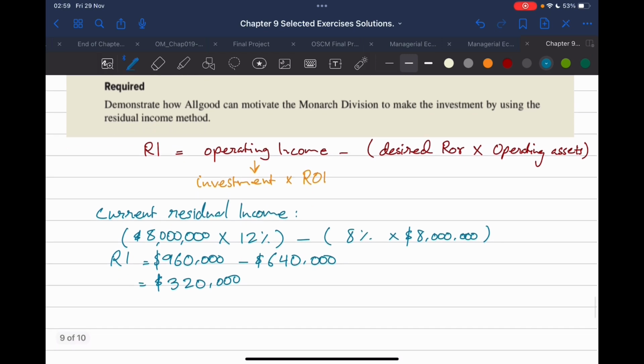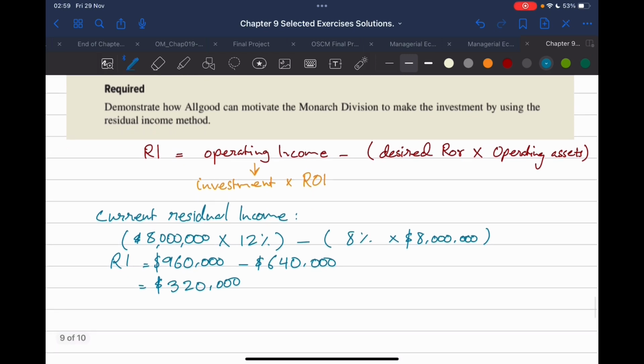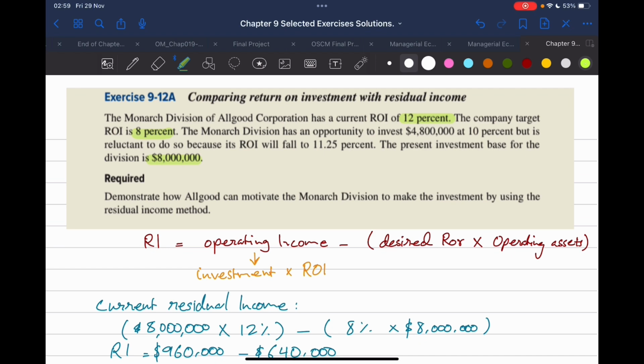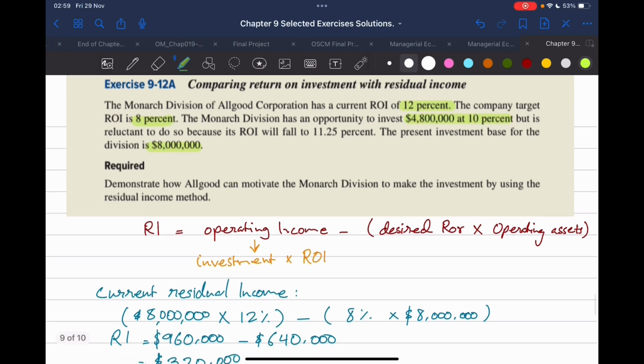Now let's see what would happen if Monarch Division decides to take on this investment opportunity. We're going to need those two figures to do so, and also we're going to need to know what would happen to the return on investment.